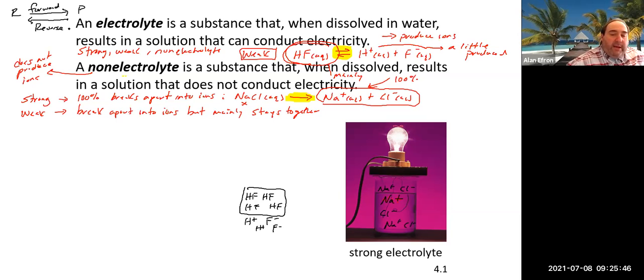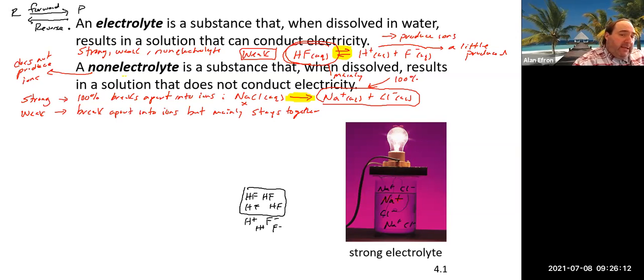But for recognizing weak electrolytes, arrows heading in both directions is a very big indication that you're dealing with a weak electrolyte. If you come across a weak electrolyte, you should assume that it is going to pretty much stay together. There will be a little bit of ions produced, but for the most part, it's going to stay together.